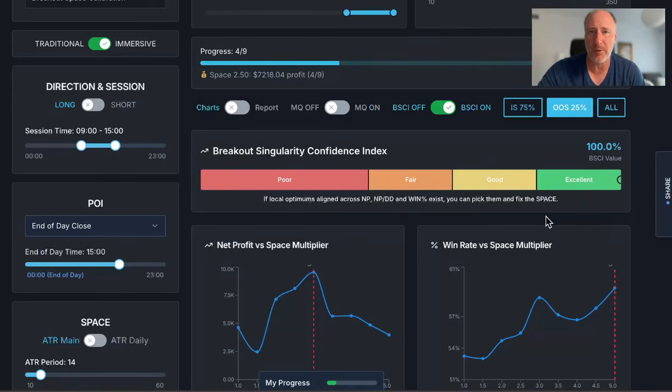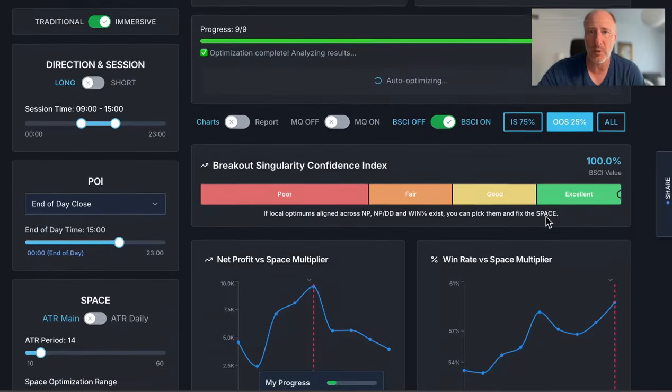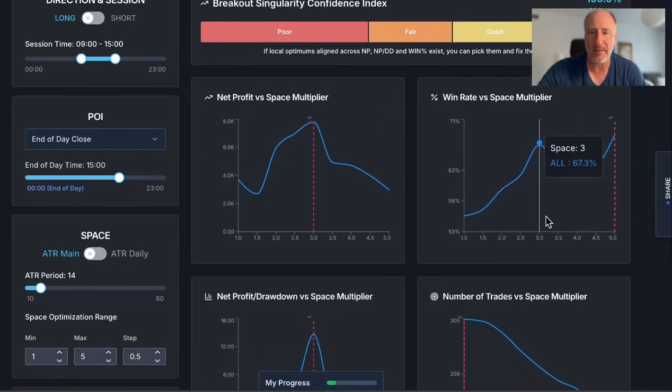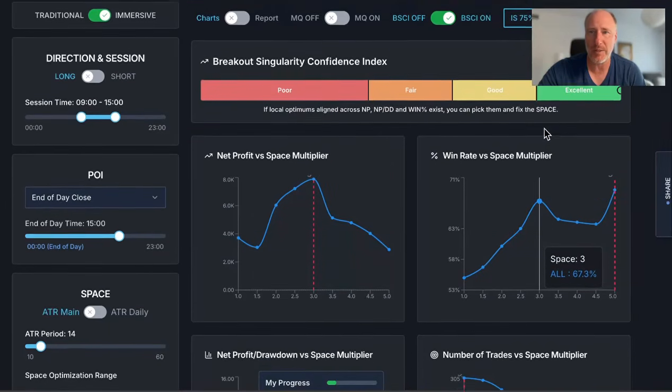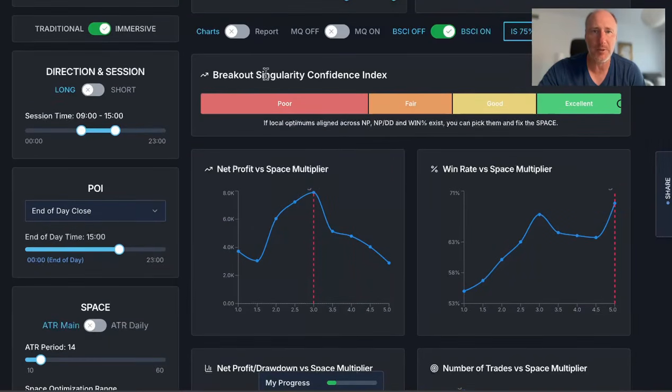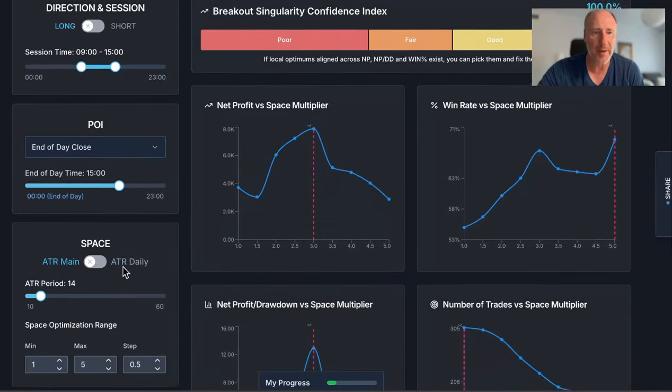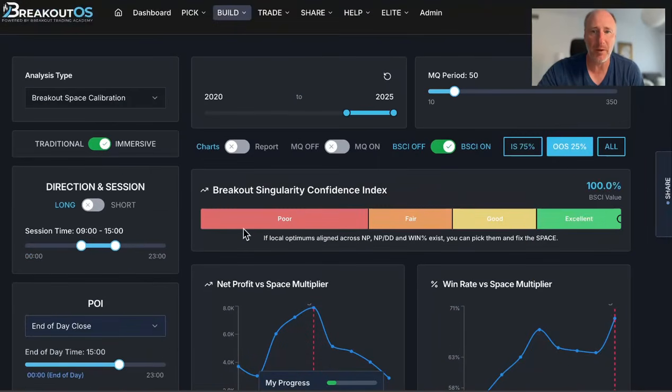Recency is more important than the whole history. It's always recency above the history. We can see recently 3 very high, 3 very high, 3 second highest, and we still have super high 100% breakout singularity confidence index. This index is a proprietary calculation, so I'm not going to reveal it to you, but it tells us it's statistically and mathematically completely safe to fix this parameter number 3 and build on it.